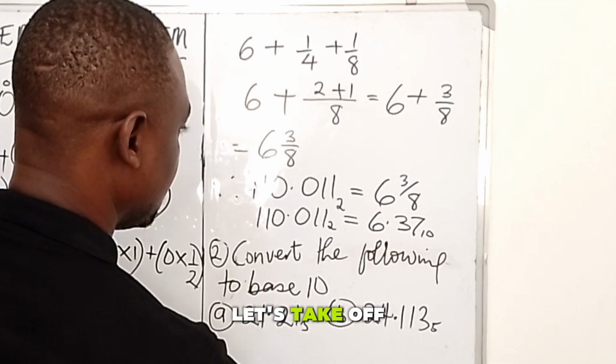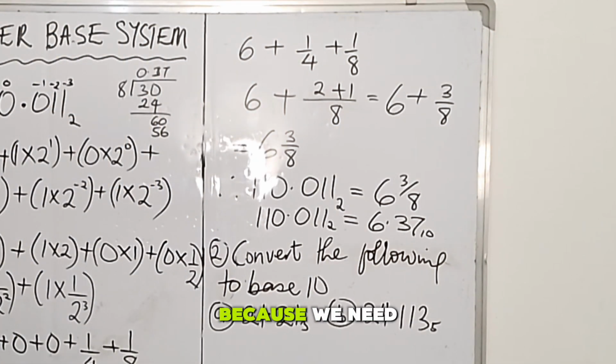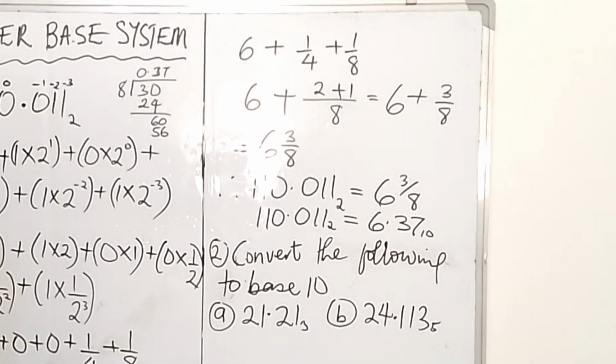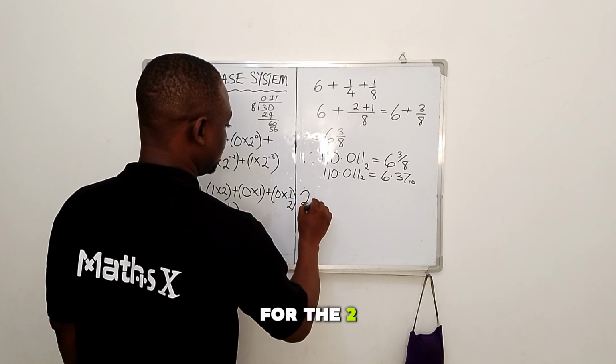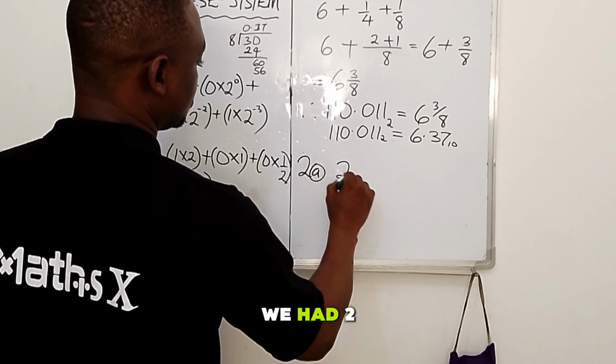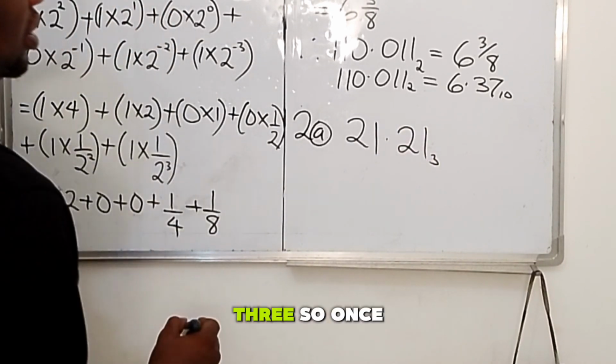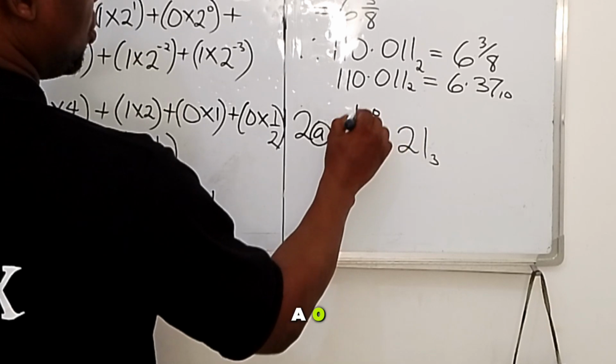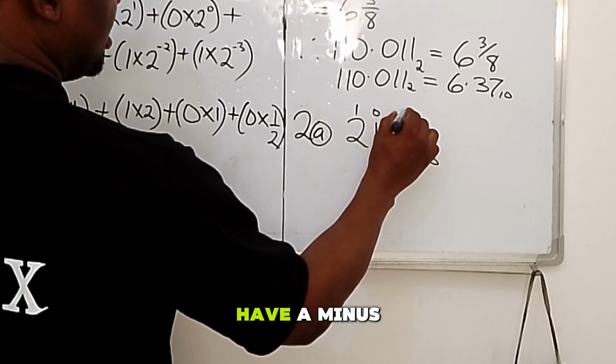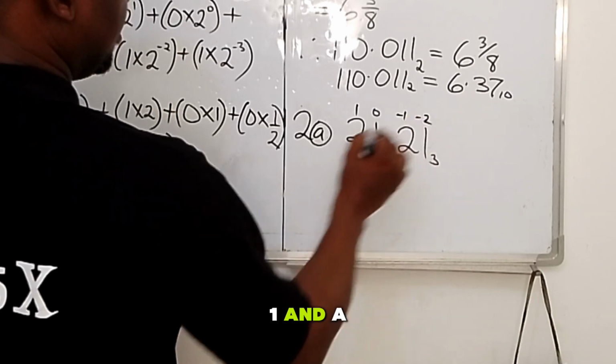Now let's take off the lower part because we need to solve these next ones. For the 2a, we had 2121 base 3. So once again, we have a 0, 1, and we have a minus 1 and a minus 2.